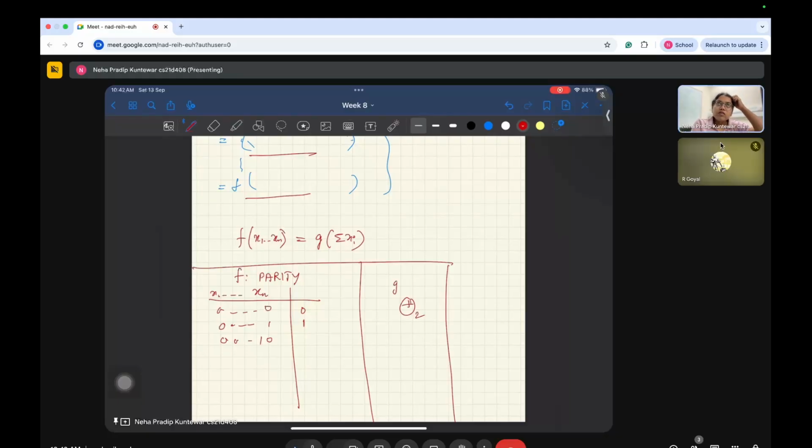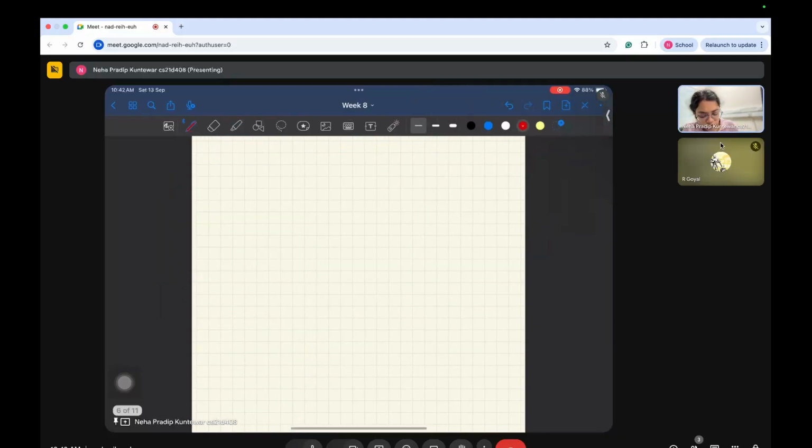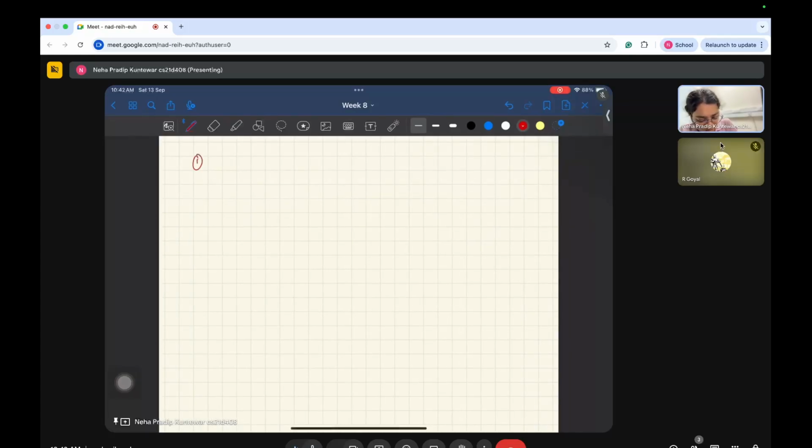Okay, so we saw two kinds of functions so far. One is the symmetric functions. Just to put it into perspective, there are two kinds of restrictions that we can think of. One is restrictions on circuits, and the other is restrictions on the functions.